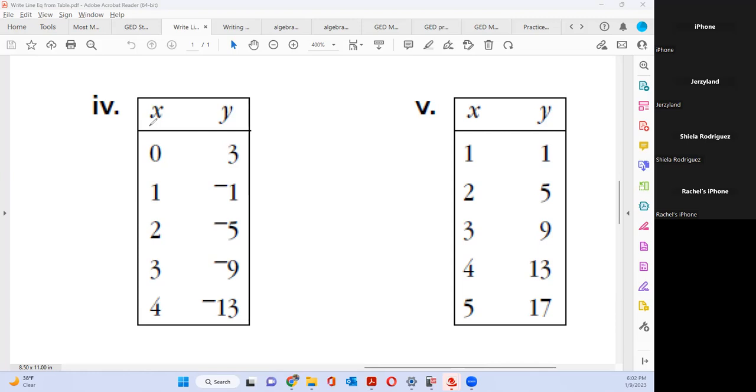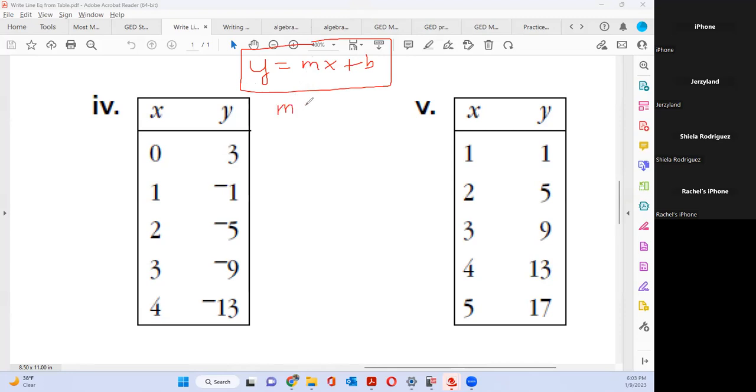And from those 2 points, what 2 things do you need to determine? y equals mx plus b. That's your slope-intercept form of the equation of a line.